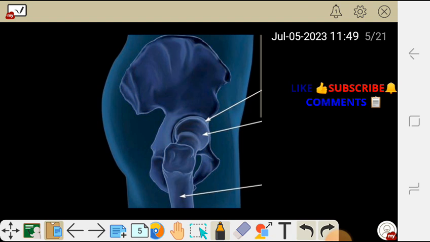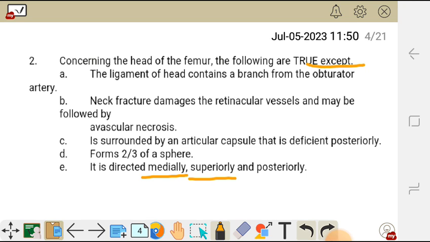You could see here, the head of the femur is directed superiorly, medially, and anteriorly. That's how it is directed, not posteriorly. So that's why we are saying E is wrong. It is not true because it is anteriorly instead of posteriorly. So question 2, the correct answer is E.